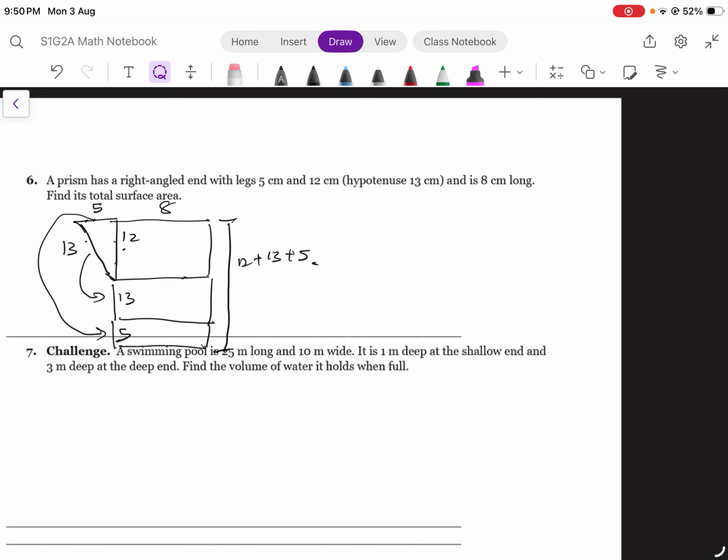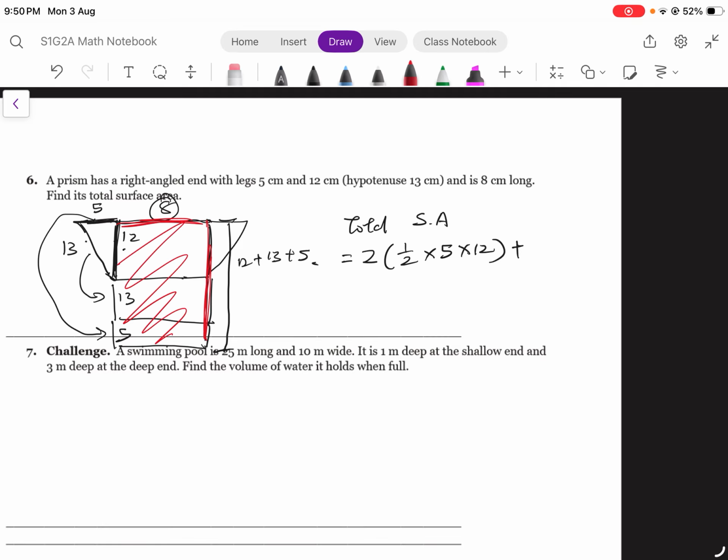Okay, so total surface area, don't forget there's also another triangle here. So total surface area is 2 times half times base times height, 5 times 12, plus 8 times length. Okay, 8 times height to find the total area here.